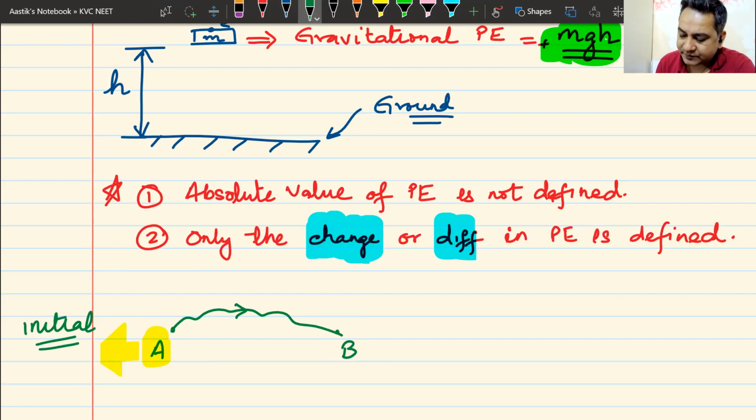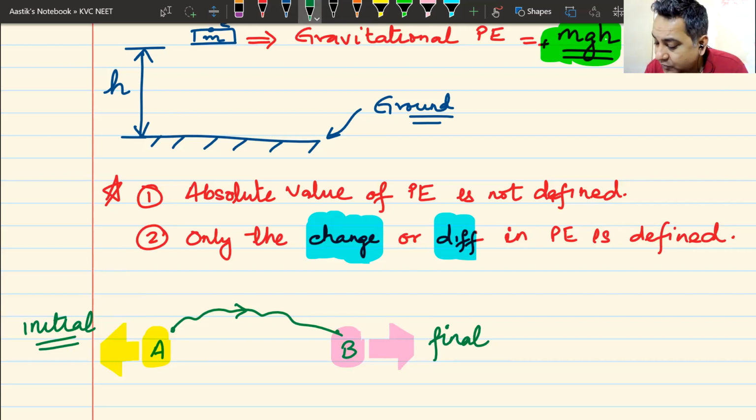Point A becomes my initial point, whereas point B becomes my final point. If I had been going from B to A, B would have become my initial point and A would have become my final point.